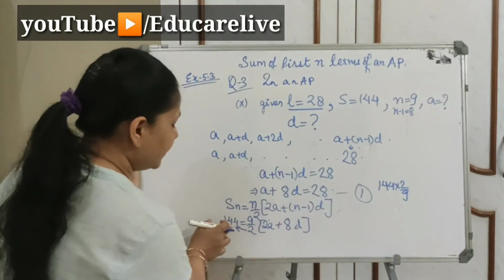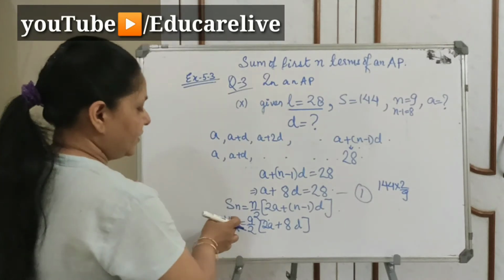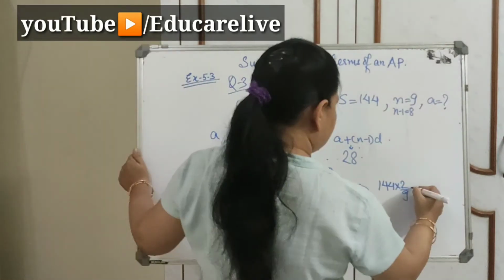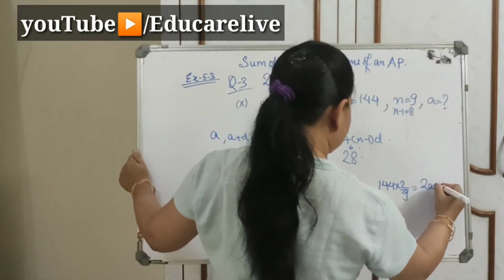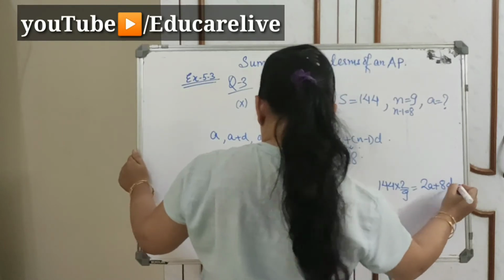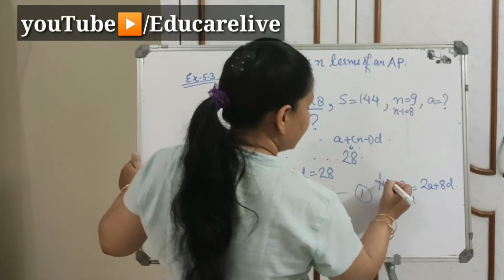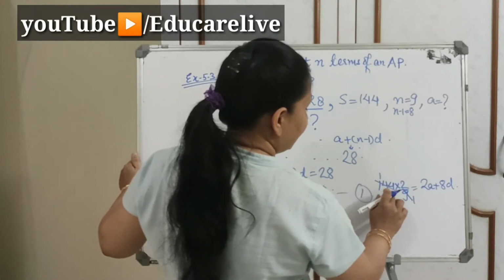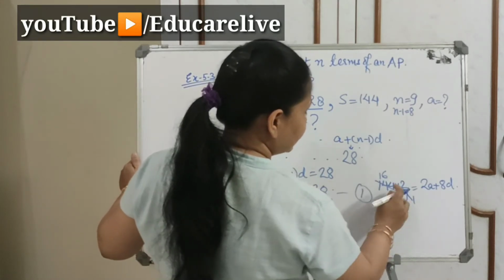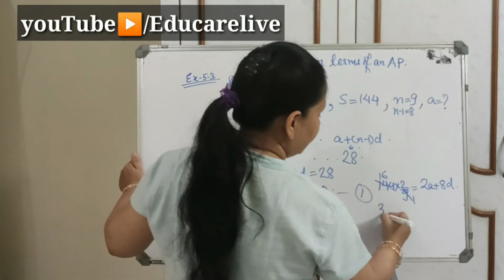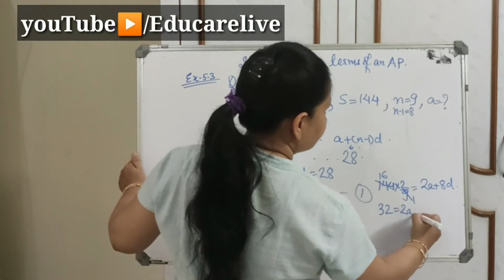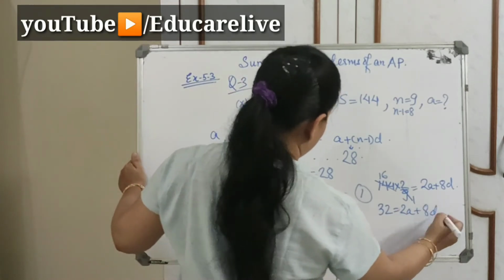When we send it here, it will get reciprocated. So we have 2a plus 8d. 9 ones are 9, how much is left? 5. 9 6s are 54. So this is 16. 2a plus 8d is equal to 32.